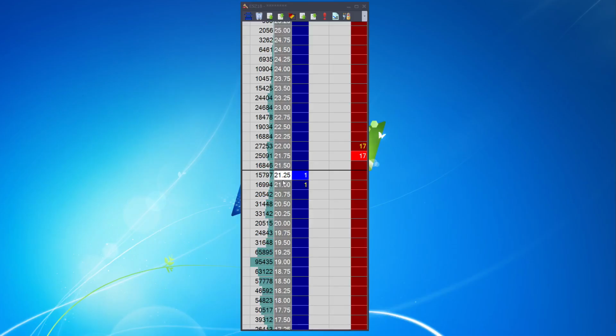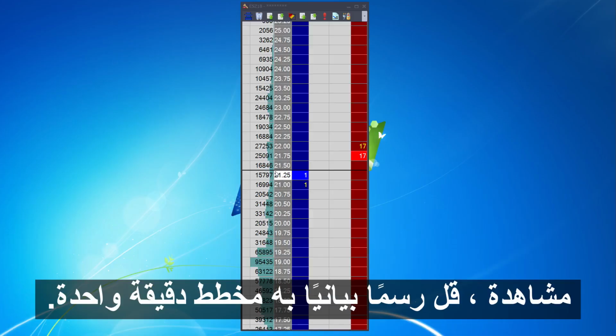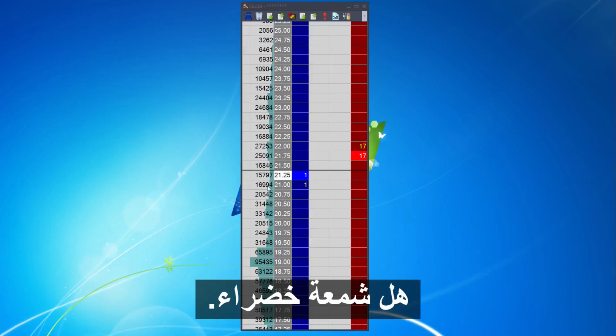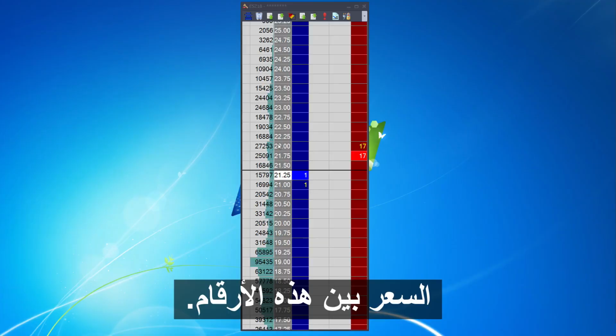Okay? So if you saw this going up and down between 21.25 and 21.50, and you're watching, say, a 1 minute chart, you would see the candlestick going from, say, a doji to a green candle, doji, green candle. When you're seeing a candle form, what you're seeing is this price ticking between these numbers.